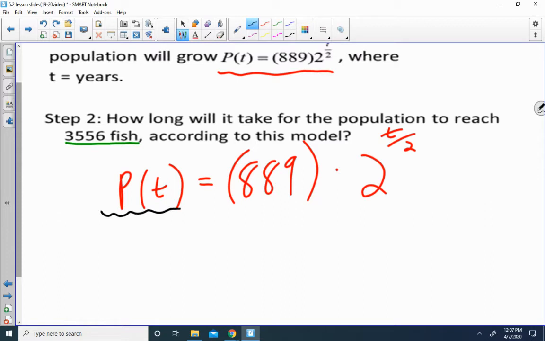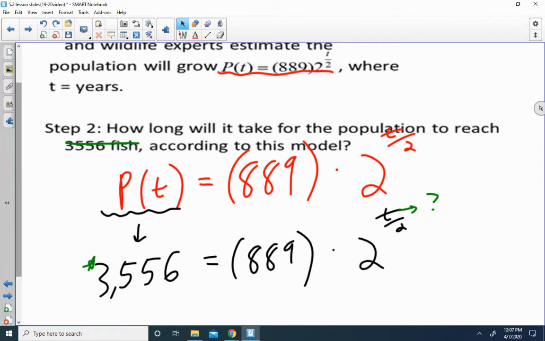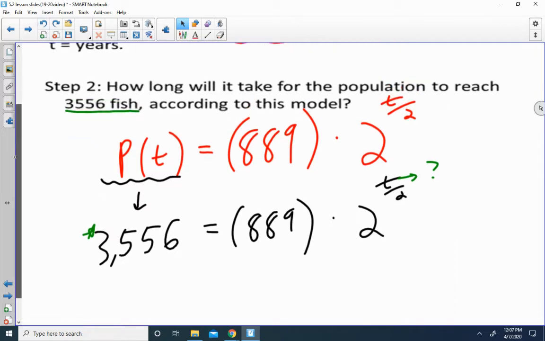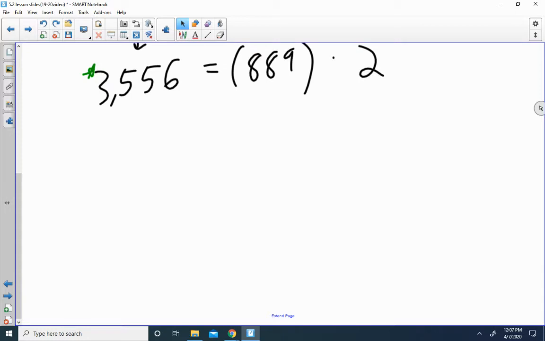Basically, it's saying, hey, what if we want the new population to be 3,556 fish? How long is that going to take? How many years will it take for the population to reach 3,556? That's it. You literally just plug in 3,556, and then you chug away.